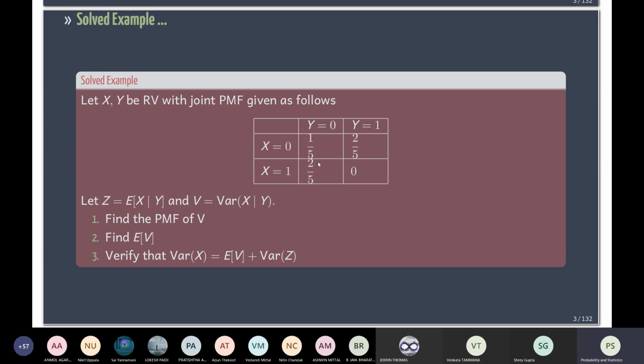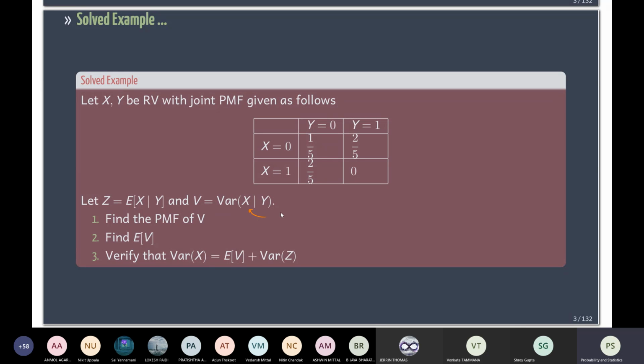For instance, see this example. Let x, y be two random variables with joint PMF given by this, and let z be expectation of x given y, and v be the variance of x given y.